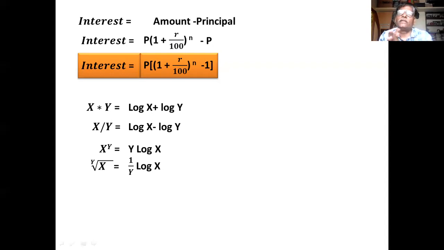And mantissa is the fraction part thereof. So in the logarithm, there are two parts: characteristic and mantissa. The characteristic you have to find out, and the mantissa you see in the logarithm table.